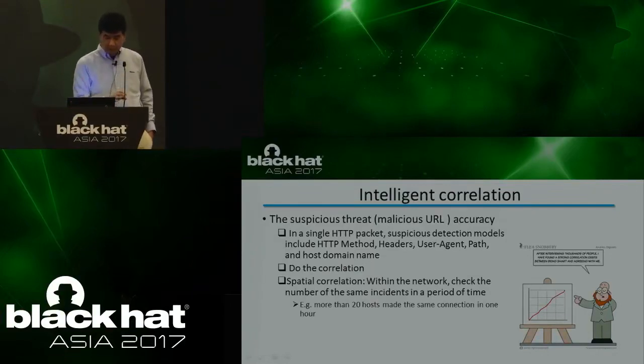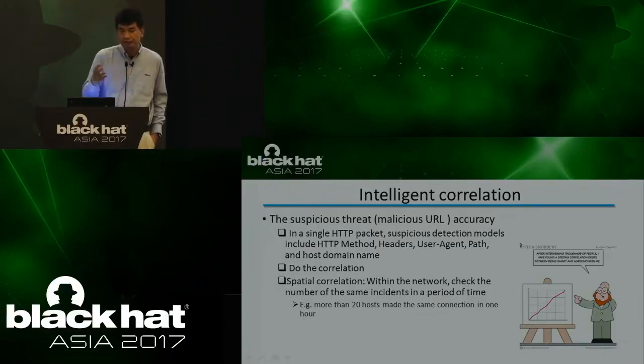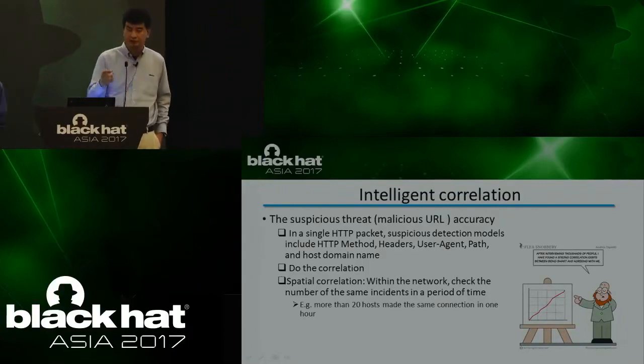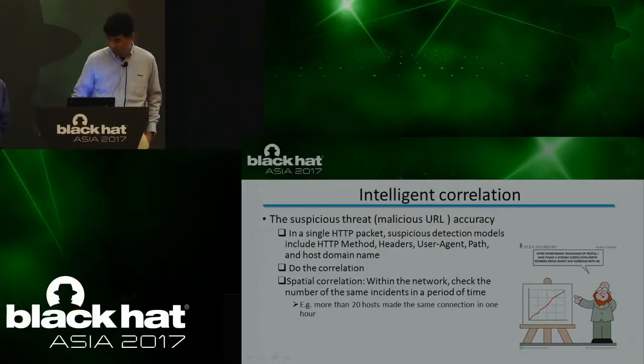Lastly, there is the global domain. In our experience, if 20 or 100 hosts have the same URL detection, probably your detection is wrong. It's a false positive. But that's just for one object.